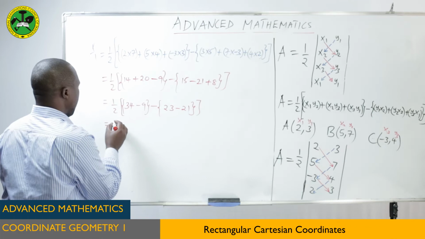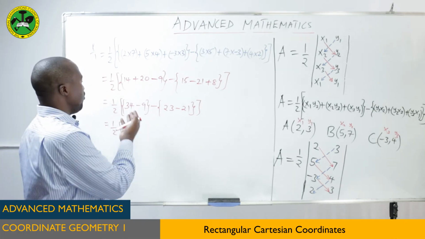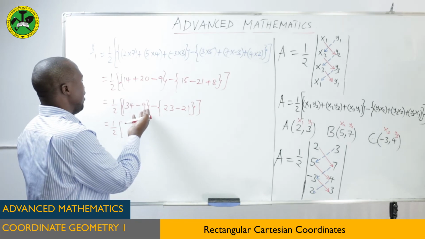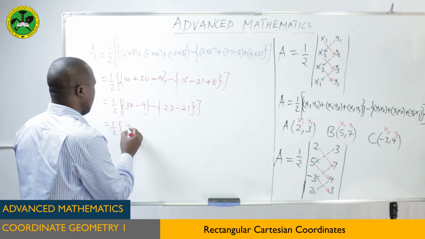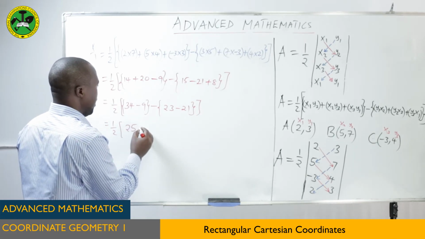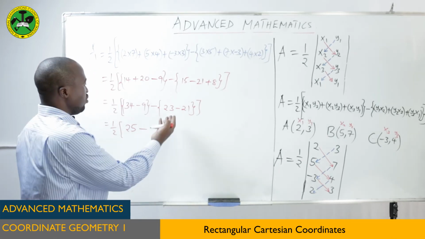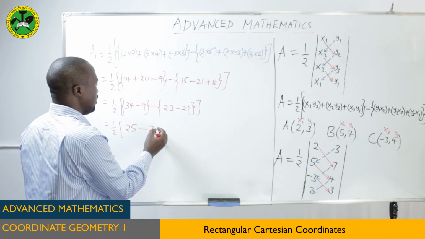So we are going to have a half, bracket of, we have 34 minus 9, that is 25. So here we have 25. So 25 minus, we have 23 minus 21.